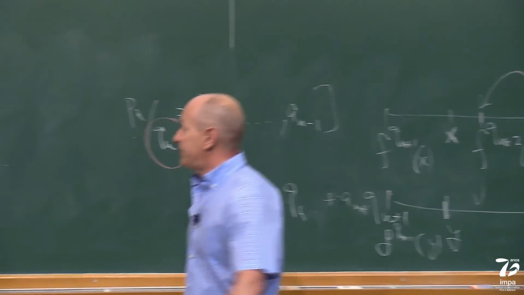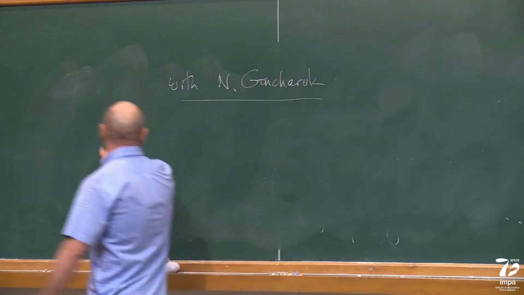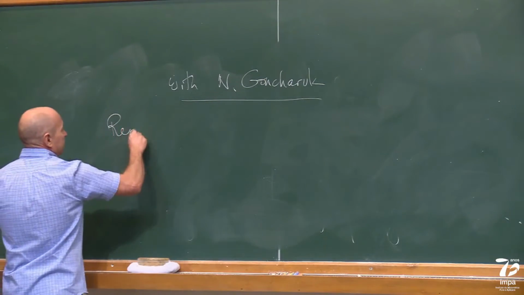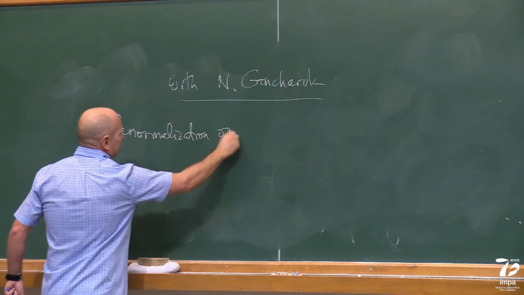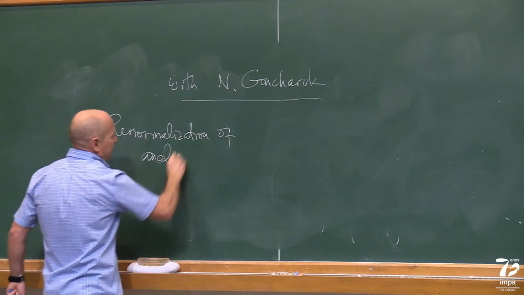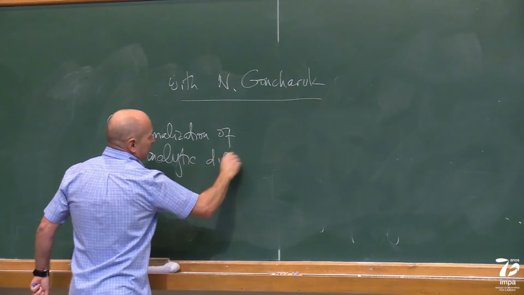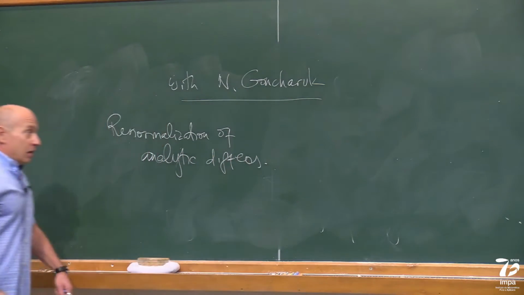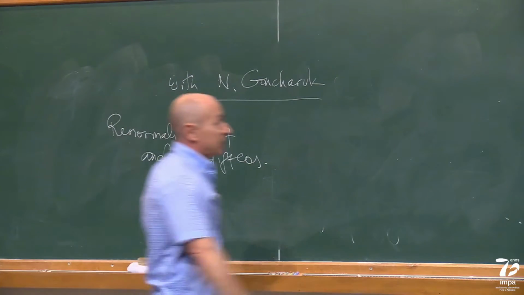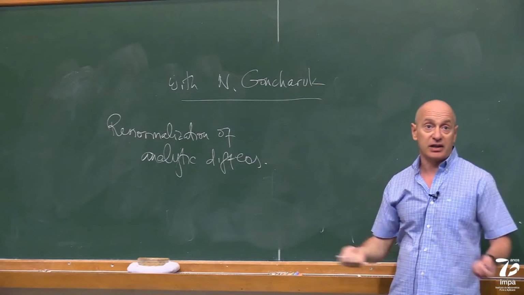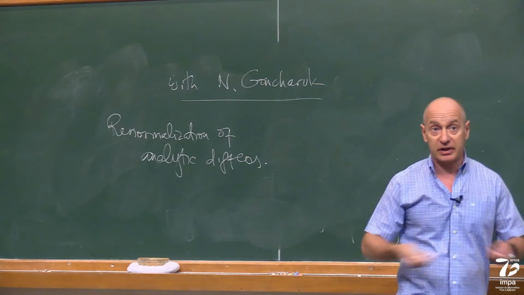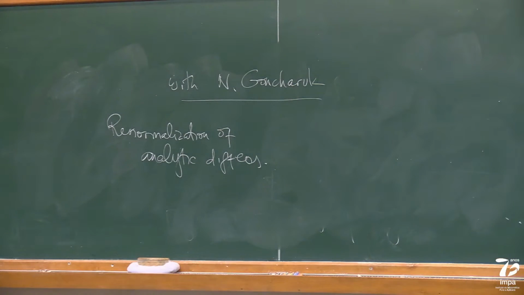Right? So now F, that we're going to renormalize, is an analytic diffeomorphism on the circle. Therefore, it has an analytic continuation to some annulus.